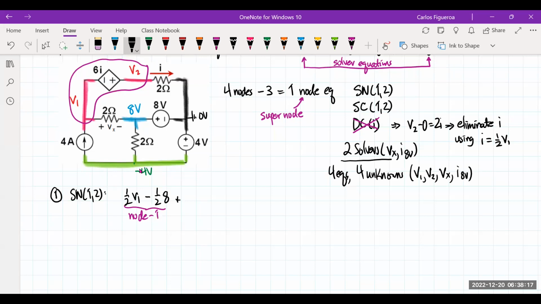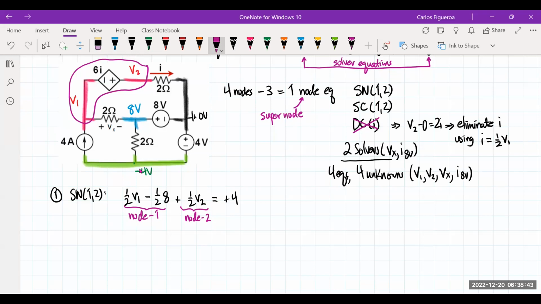Then my second term is node V2. There's only 1 resistor connected, so this should give me 1/2 V2. And then I'm looking at the sources. You can see that there's only 1 current source and it goes into V1. So therefore, I'm going to get +4 right here. And this is node 2.